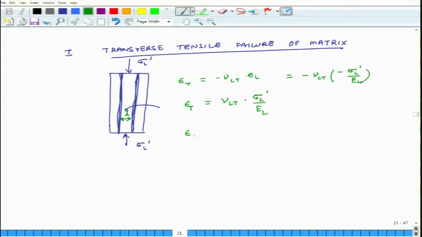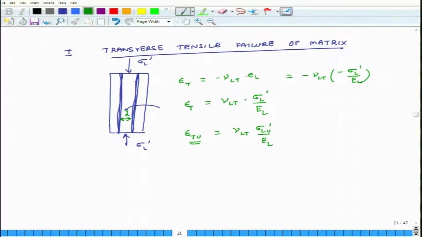I can designate it as epsilon Tu, the ultimate tensile strain in the matrix in the transverse direction, and this is equal to nu LT times the corresponding failure stress sigma LU prime divided by EL. So, this is a material property of the matrix, epsilon Tu.